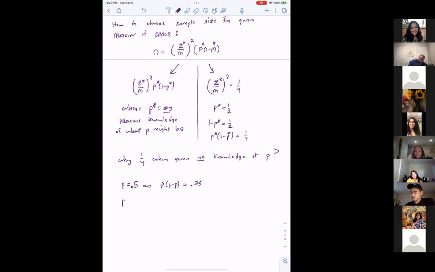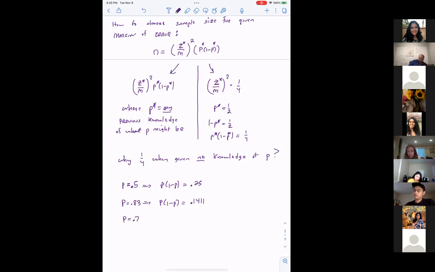0.83. If P is 0.83, what is P times 1 minus P equal to? Okay, give me another value of what P might be. 0.75.